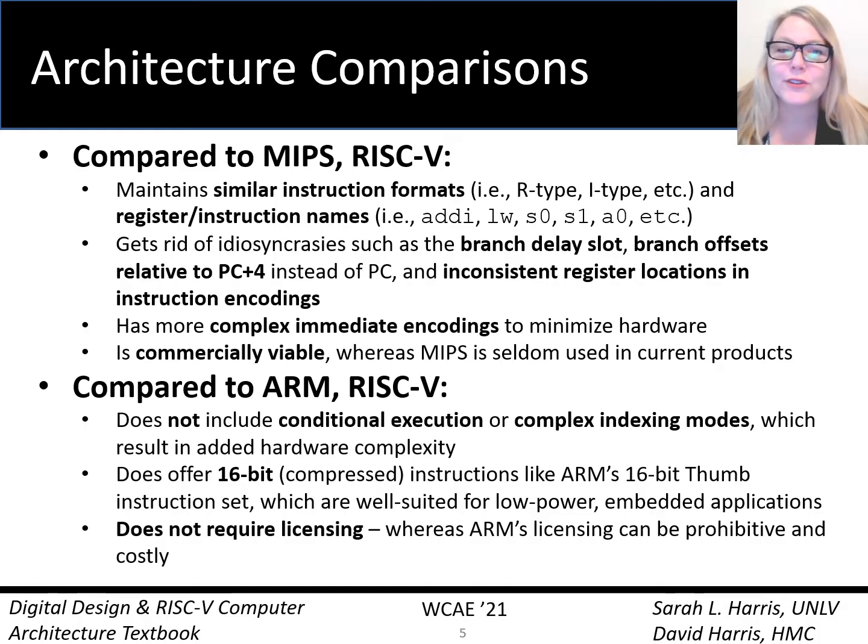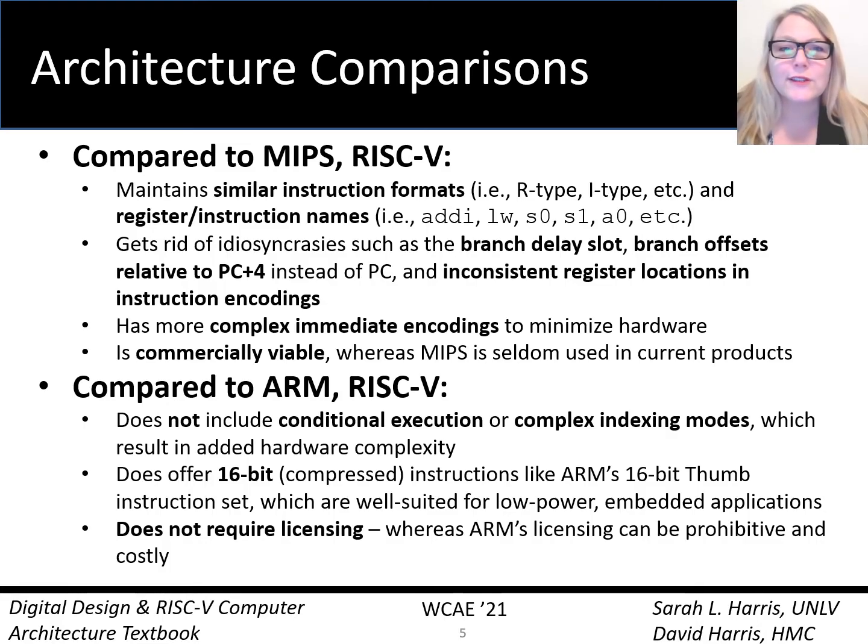And the register and instruction naming follows in parallel, basically. Add immediate is addi, load word for reading memory, and saved registers are preceded with the S character, so S0, S1, argument registers A0, etc.